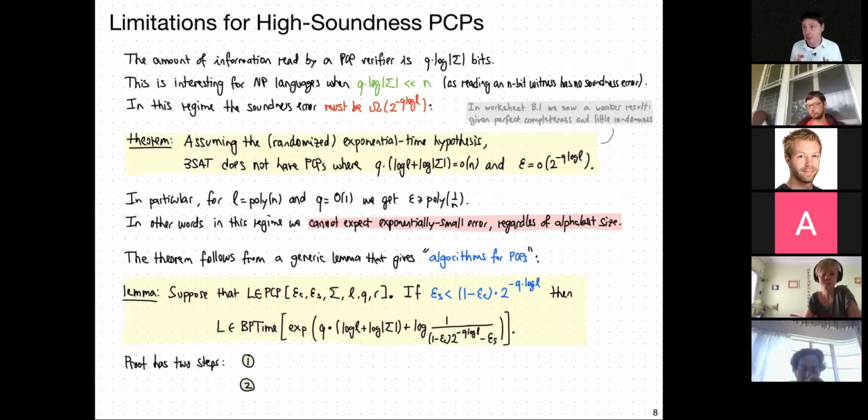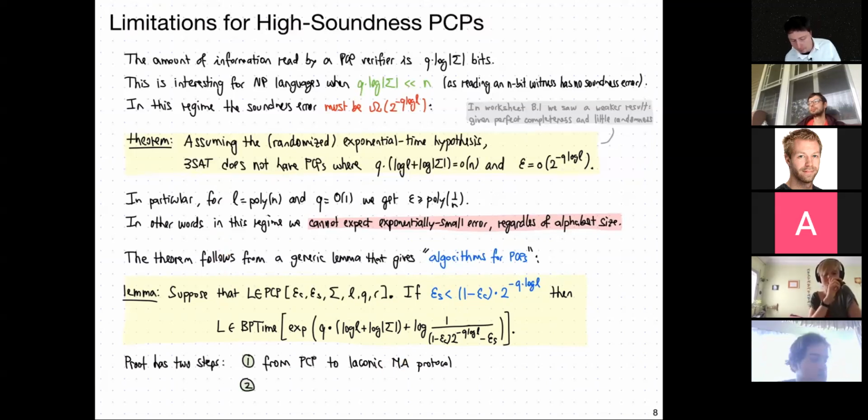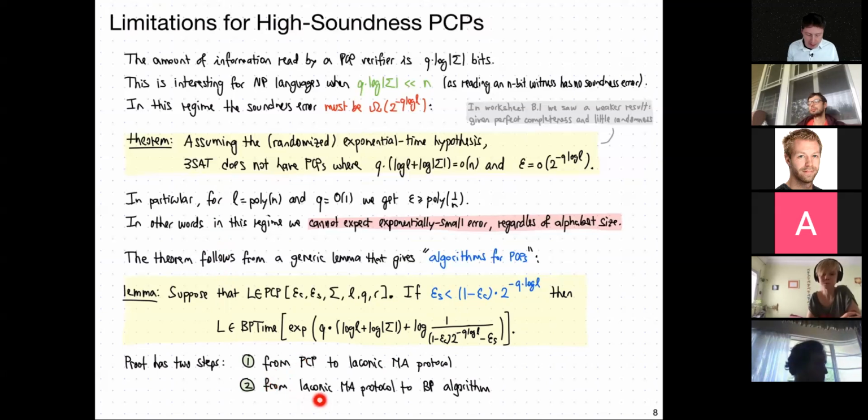This lemma has two steps. First, we're going to go from a PCP to a laconic interactive proof. In fact, it's going to be an MA protocol, a one-round public coin protocol. And then we're going to come up with a direct algorithm for the laconic MA protocol, some BPP algorithm. These two together will give us this lemma.